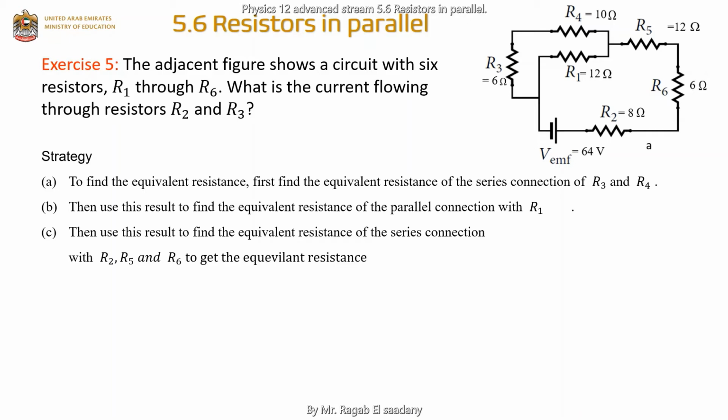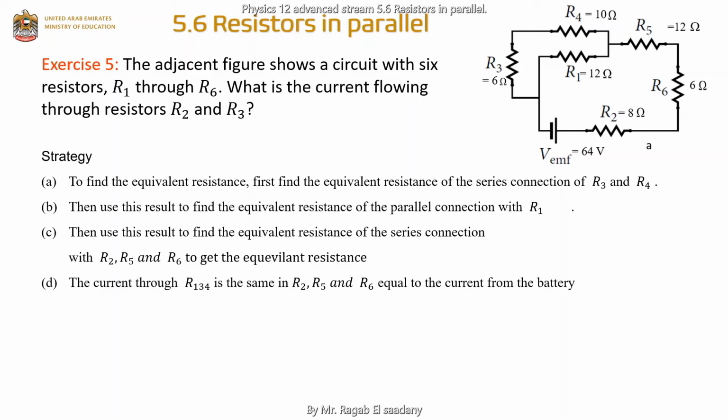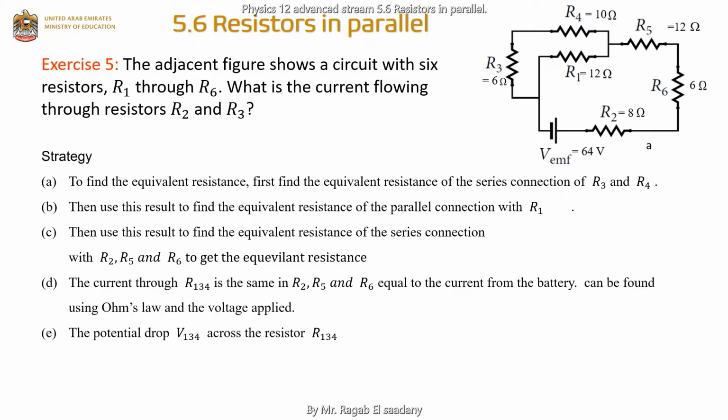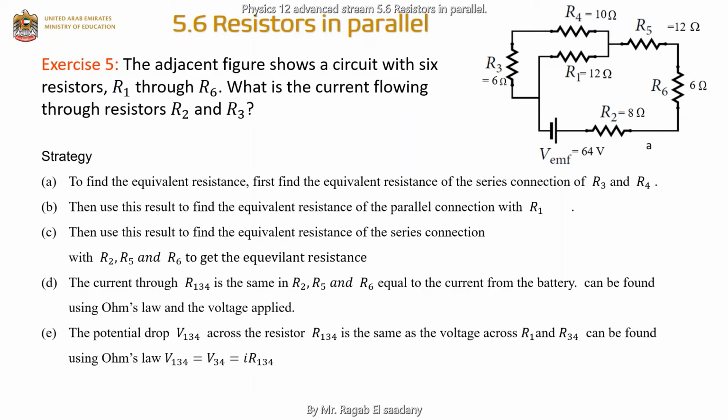equivalent resistance. The current through R134 is the same as in R2, R5 and R6, and equals the current from the battery, which can be found using Ohm's law and the voltage applied. The potential drop V134 across the resistors R134 is the same as the voltage across R1 and R34, and can be found using Ohm's law.